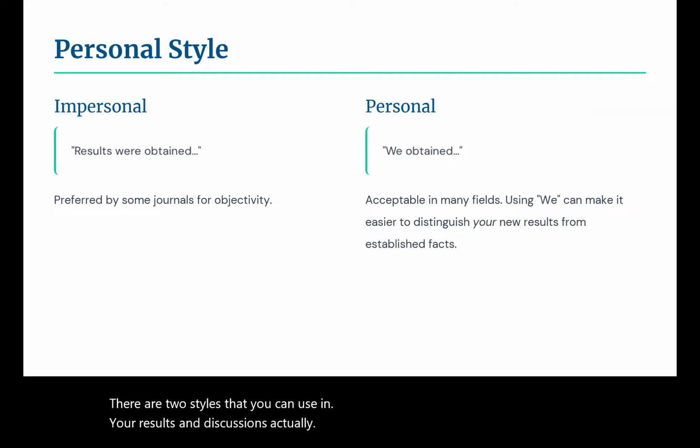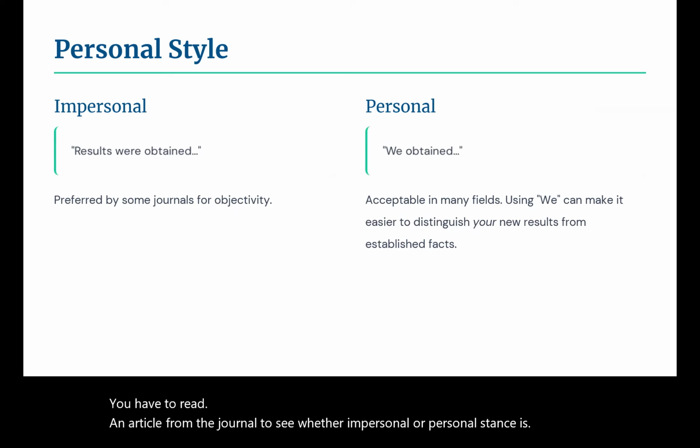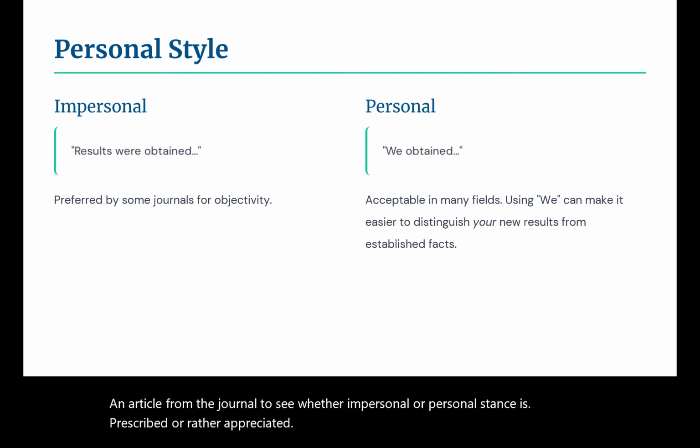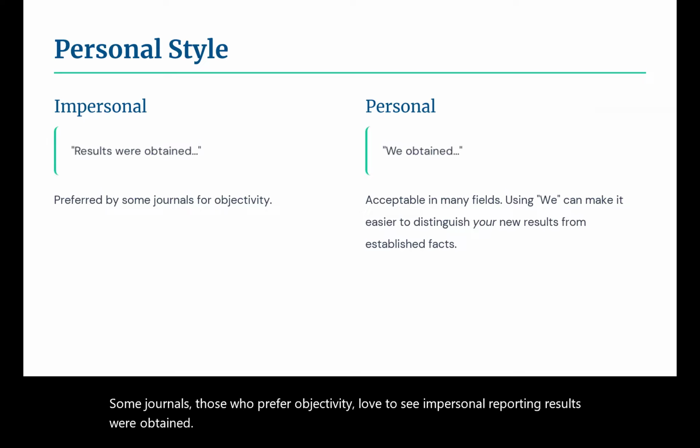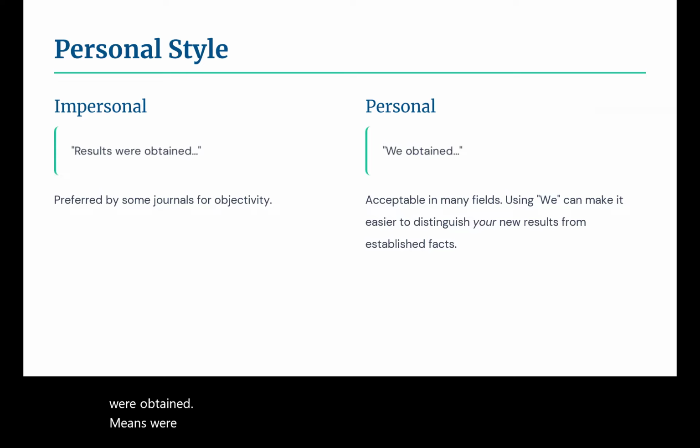But once again, before you choose which style to go with, you have to read an article from the journal to see whether an impersonal or personal stance is prescribed or appreciated. Some journals, those who prefer objectivity, love to see impersonal reporting. Results were obtained, means were taken into consideration, and so on.